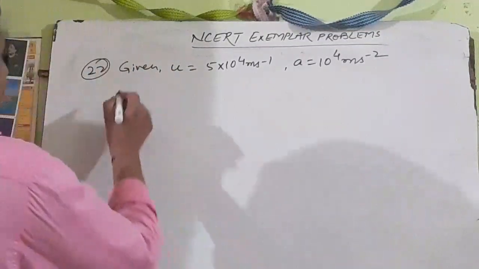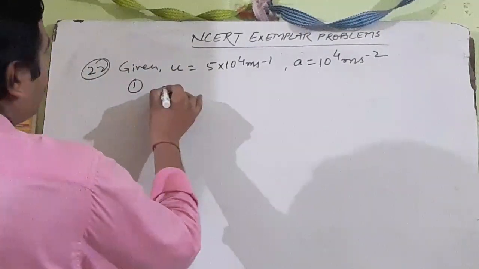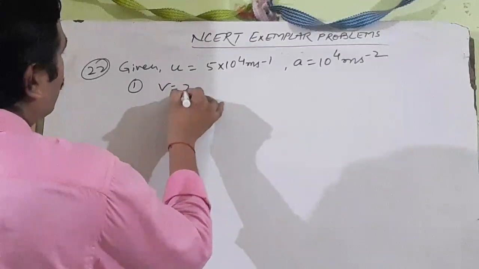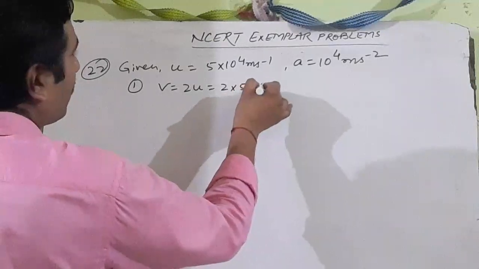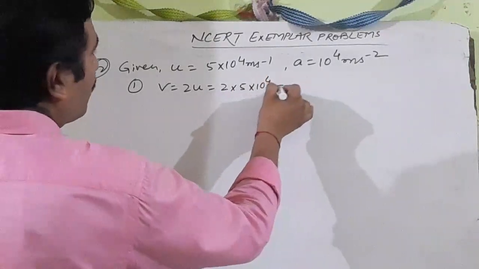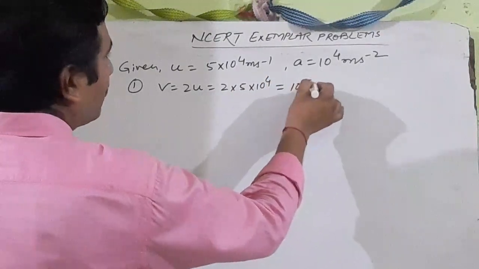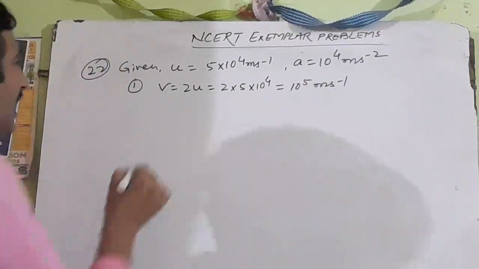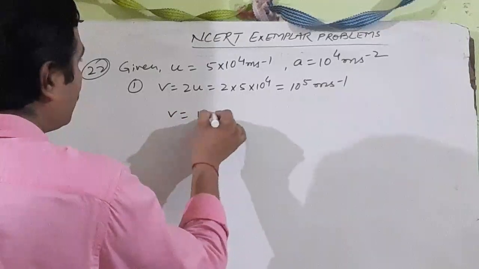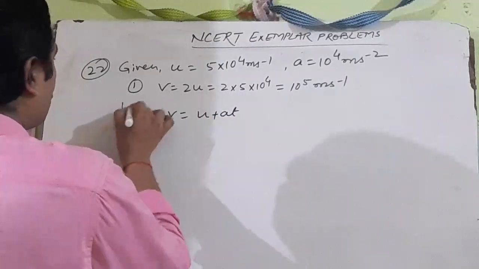So in first part you have to find time when v is equal to 2u, that is 2 into 5 into 10 power 4. This is equal to 10 power 5 meter per second. You can use the formula v is equal to u plus at.